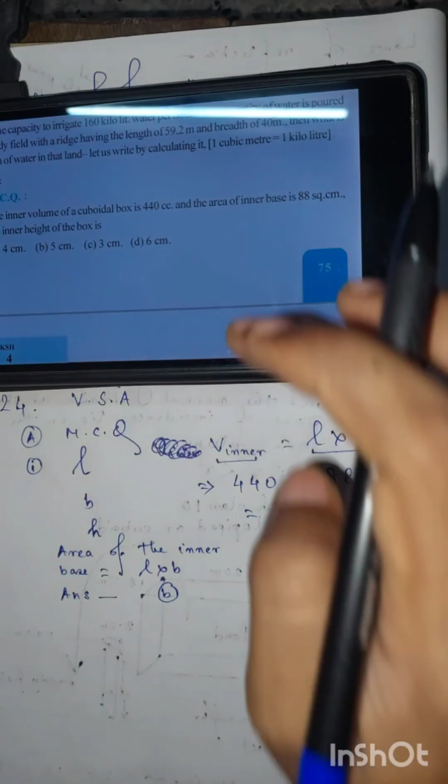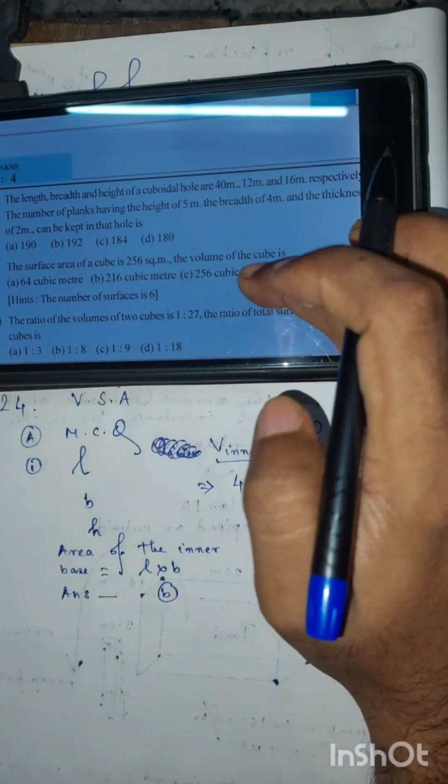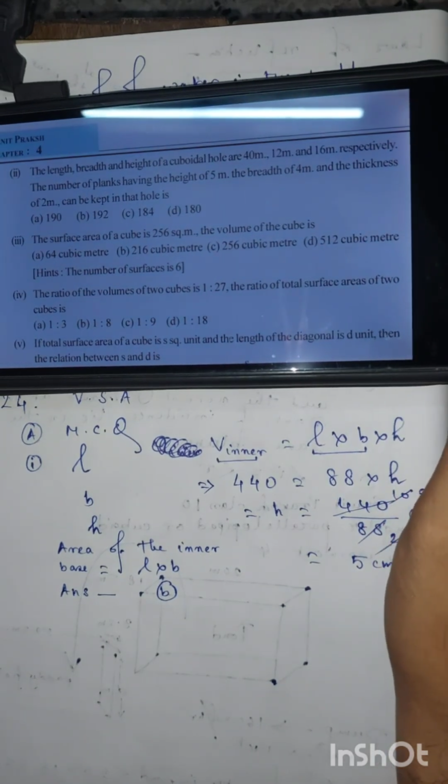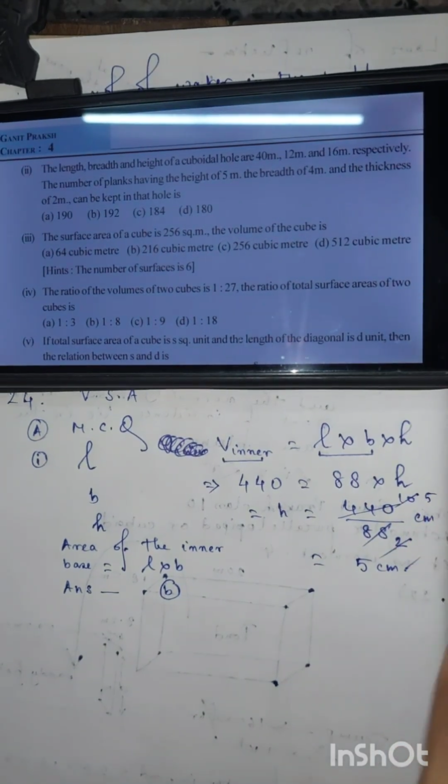Now next question. The length, breadth, and height of a cuboidal hole are 40 meter, 12 meter, and 16 meter respectively.